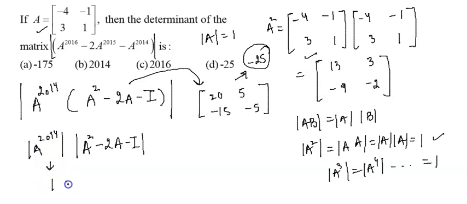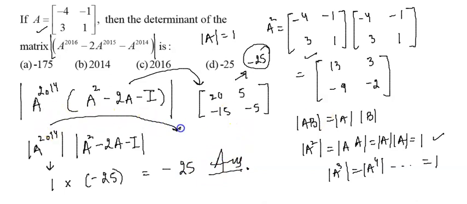So it will be 1 into minus 25. So minus 25 is the correct answer to this question. Option D is your correct answer. The property we have used here is that determinant of A to the power 2014 is determinant A to the power 2014. This is a property of determinant. I hope this question is clear.